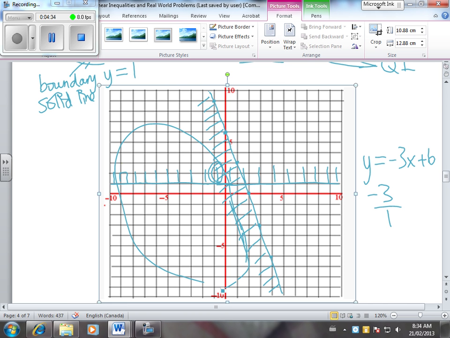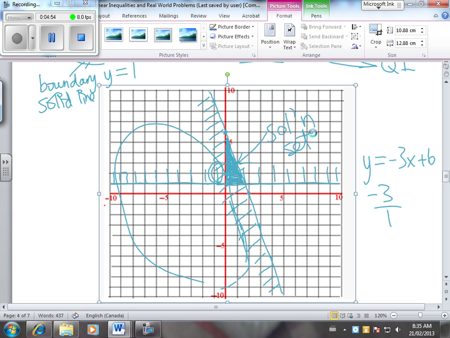So our solution set ends up being this little triangle right here, and that is our solution set.